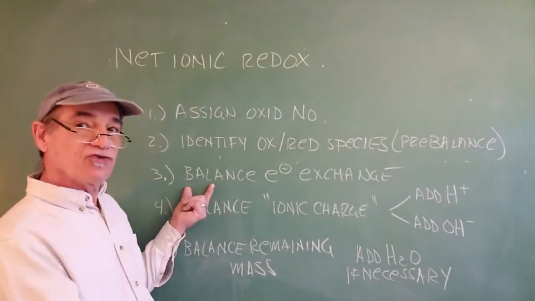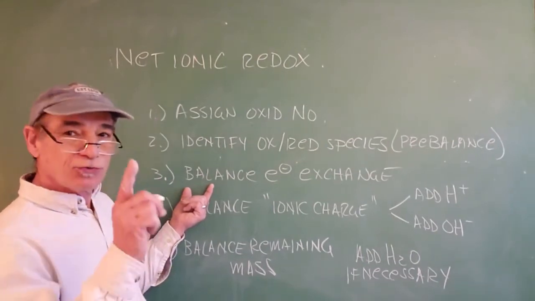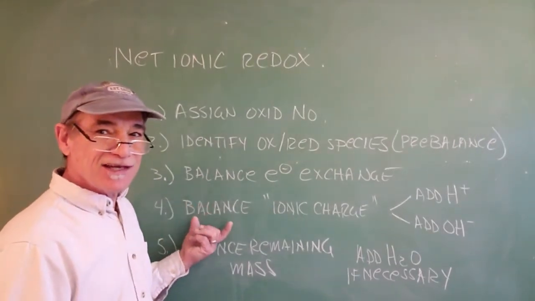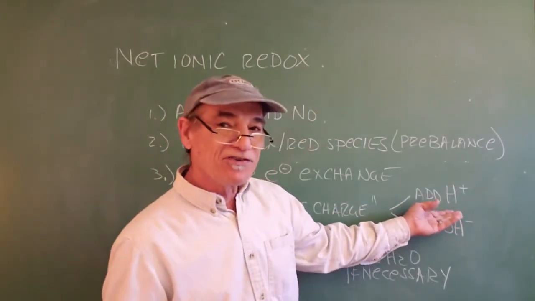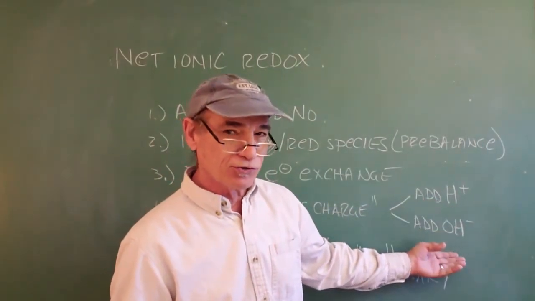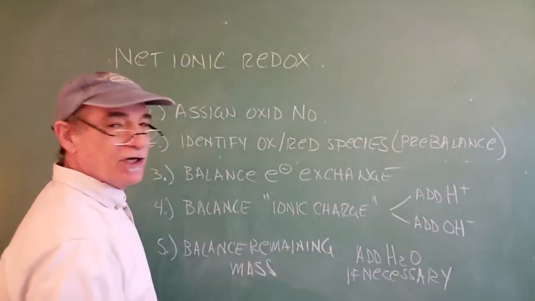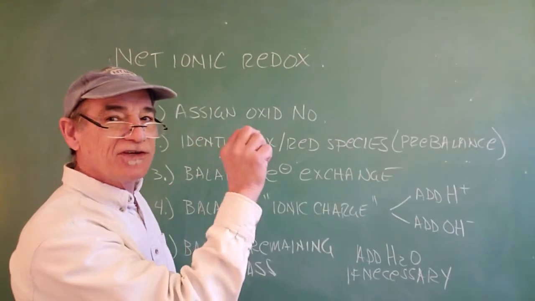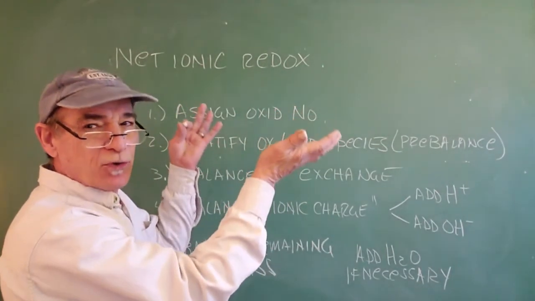We balance the electron exchange, the oxidation half reaction with the reduction half reaction. Here's where things change. In these types of net ionic equations, they tell you that they're running them either in an acidic solution or a basic solution. So they want you to balance the ionic charge, meaning total up the positives and negatives on both sides of the arrow. They have to be equalized.